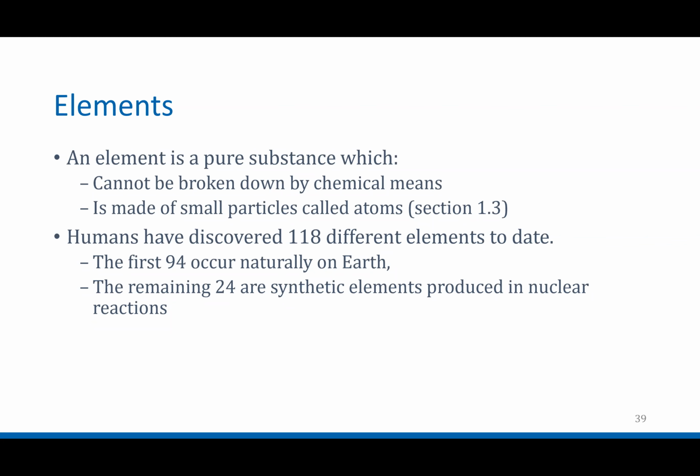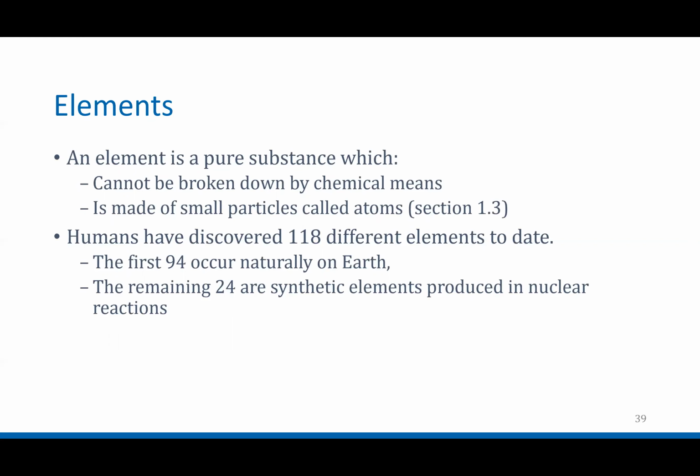They could be in the universe, but for us on Earth, we have to make them in the lab. And these 24 synthetic elements don't last very long. Most of them have a very short half-life, which we'll talk about later in this course. Some of them only exist for brief periods of time.